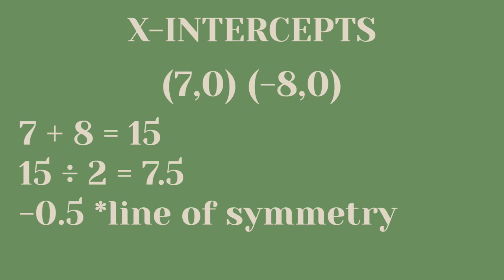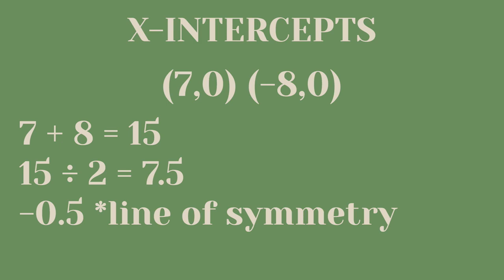So in order to find that out, basically what we have to do is subtract 7.5 from 7, which gives us negative 0.5, and check if we get the same solution when we take 7.5 and add it to negative 8. And negative 8 plus 7.5 is negative 0.5. So now it's confirmed that our midpoint is negative 0.5.